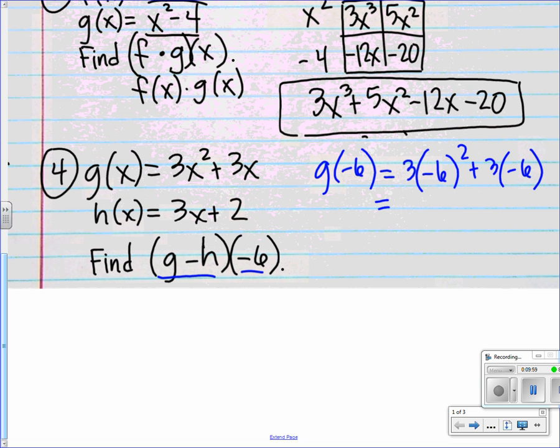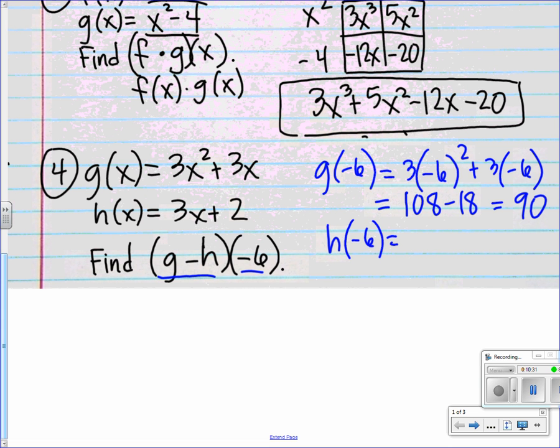So this will be 3 times 36, which is 108, minus 18. So that'll be 90. Negative 6 squared is 36, times 3 is 108, and then minus the 18.